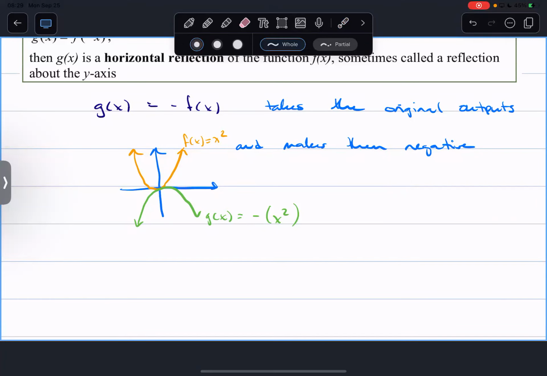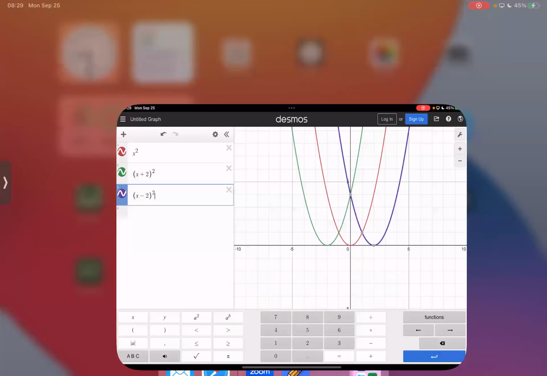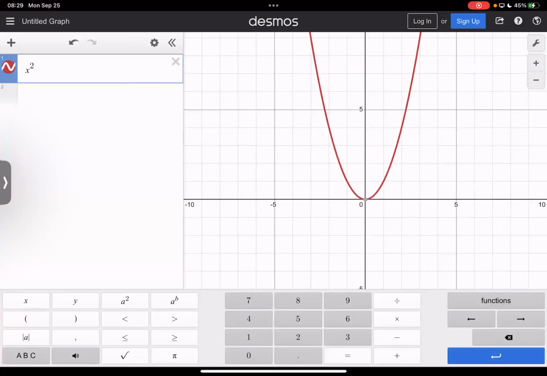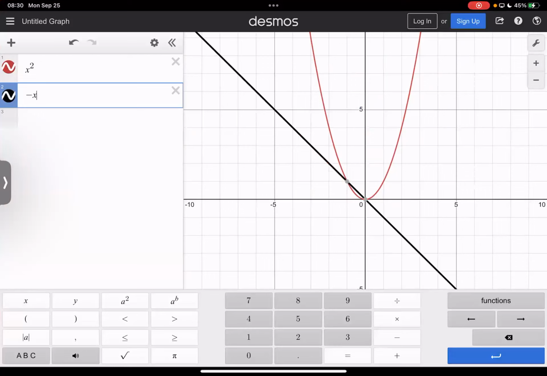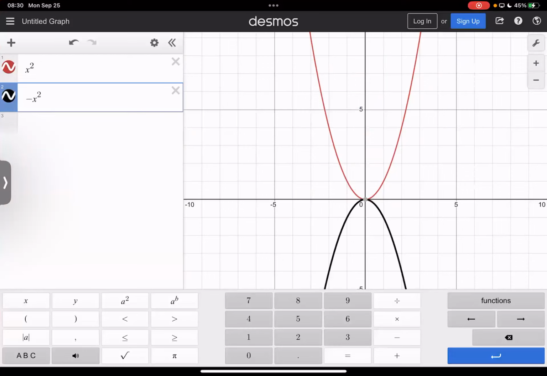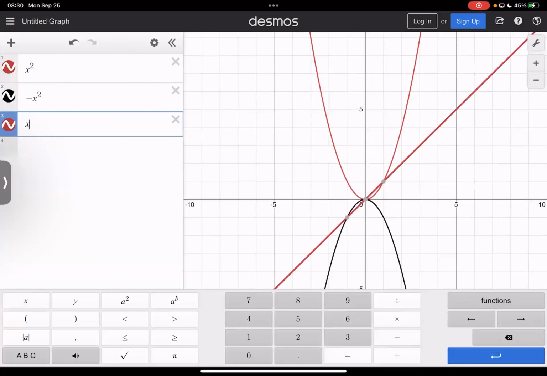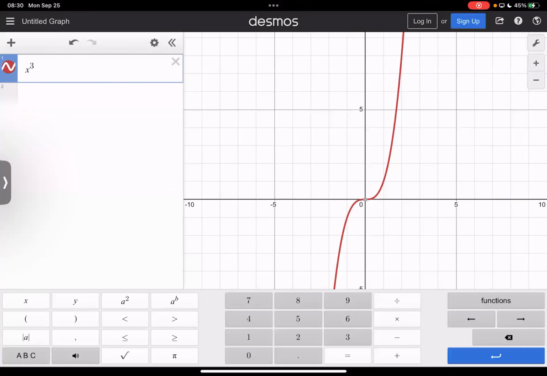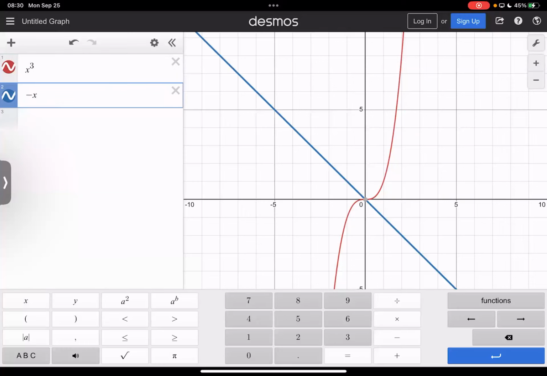So again, it's a reflection around the x-axis. I think we're better off maybe turning to Desmos here. Delete these. What if I have negative x squared? What if I have x to the power of 3? Just focus on this one. Will it do what I just said it would do?